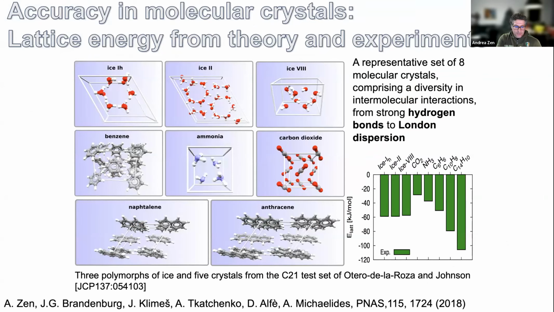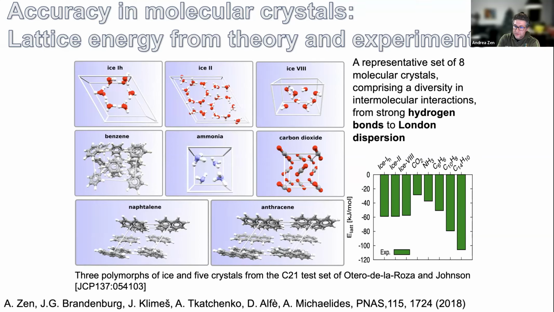We, in the past, studied molecular crystals, and in particular the lattice energy, so the energy of a molecule in a crystal compared to the gas phase, for a set of interesting molecular crystals for which there are experimental estimations.